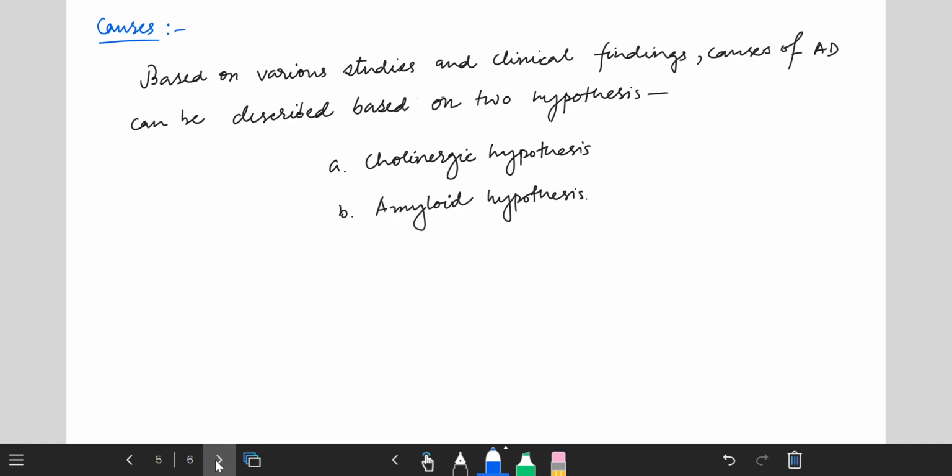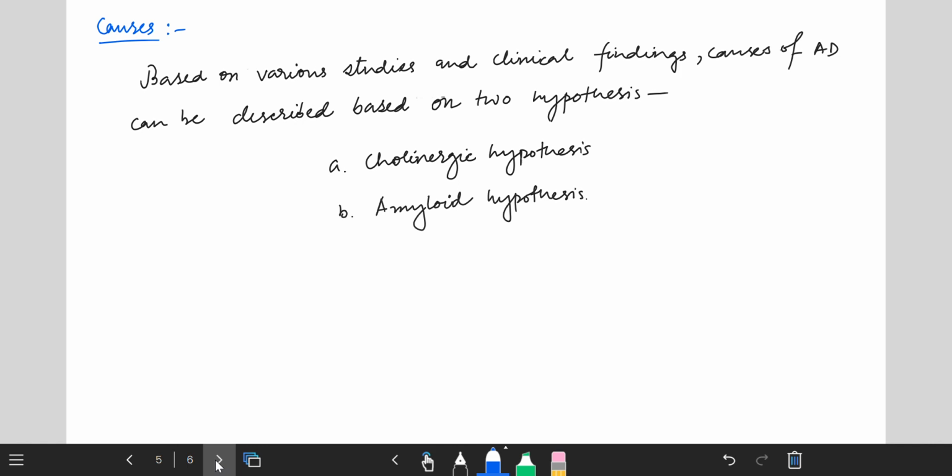The cause of Alzheimer's disease is very complex, and it is thought to be caused by a combination of age-related changes in the brain along with genetic, environmental, and lifestyle factors. But the key part is the buildup of two proteins inside the brain, called amyloid and tau protein. As a result, there is atrophy of the brain.